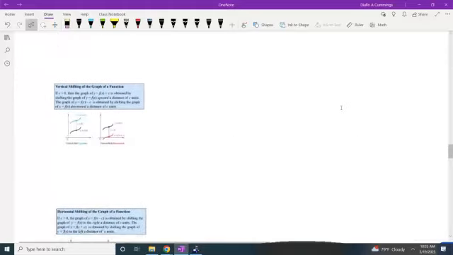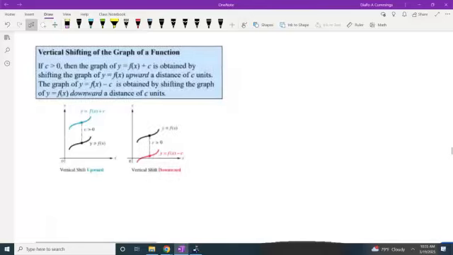So you can take any one of those 6 functions, and if you add a number to that function, it should shift that graph up c units. If you subtract a constant, it's going to shift your graph down c units.